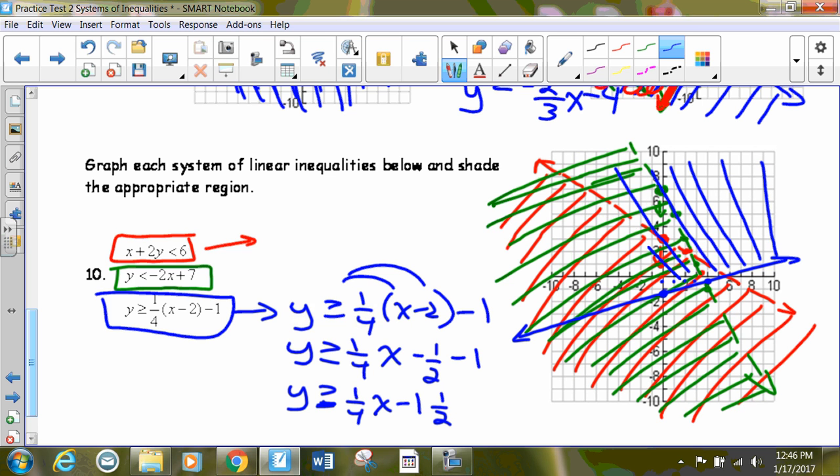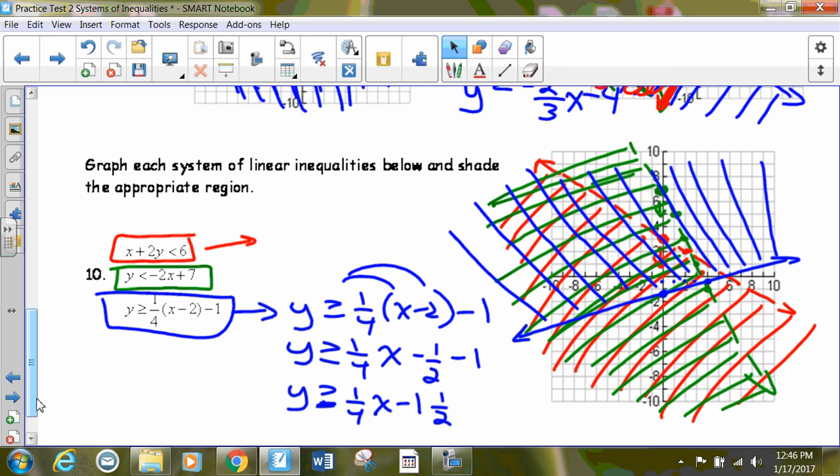Okay, this is where it gets interesting. Can you guys see where the blue, the red, and the green overlap? I'm going to take a black marker so I can show you. So this is part of the solution. Ooh, did I go too far? Let's see. There's no green there, so I did go too far. Let me undo that. Okay, so this is part of the solution.